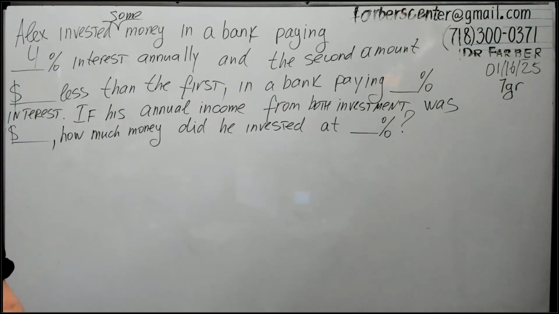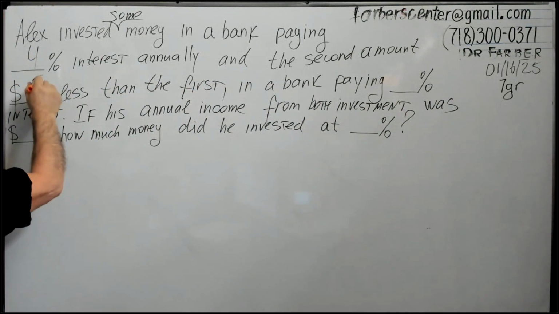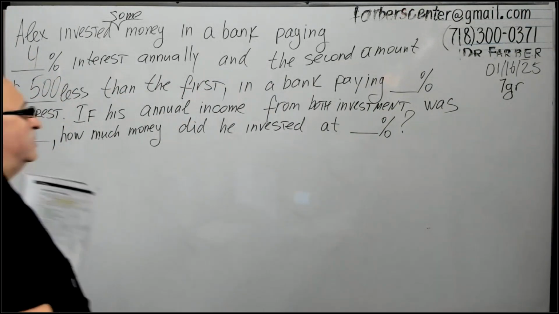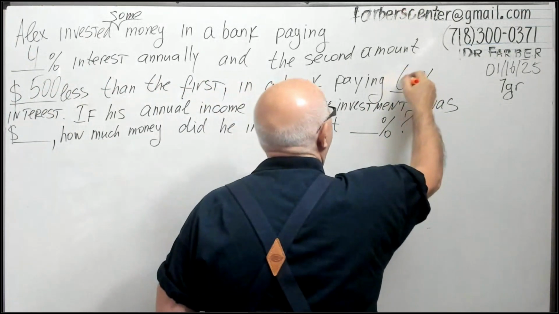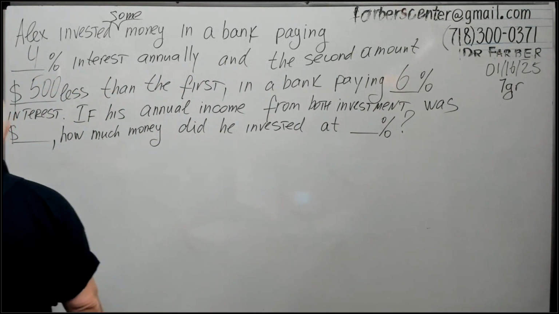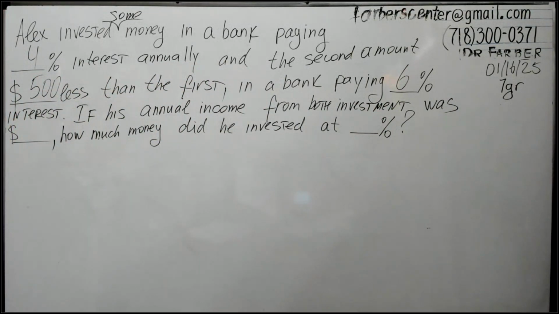After that, we can change the numbers. $500 less. And this is 6%. And he got $50. Good luck.